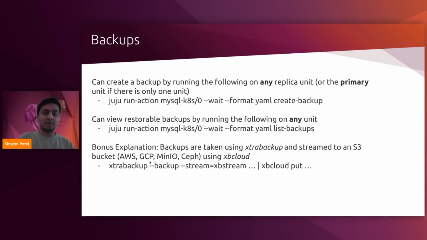This can be AWS, GCP, MinIO, or Ceph. And as a bonus explanation, we're using Percona's XtraBackup tool to create these backups. We run this backup command with XtraBackup, and then we use xbcloud, a tool in the XtraBackup toolkit that will put the backup files in S3.